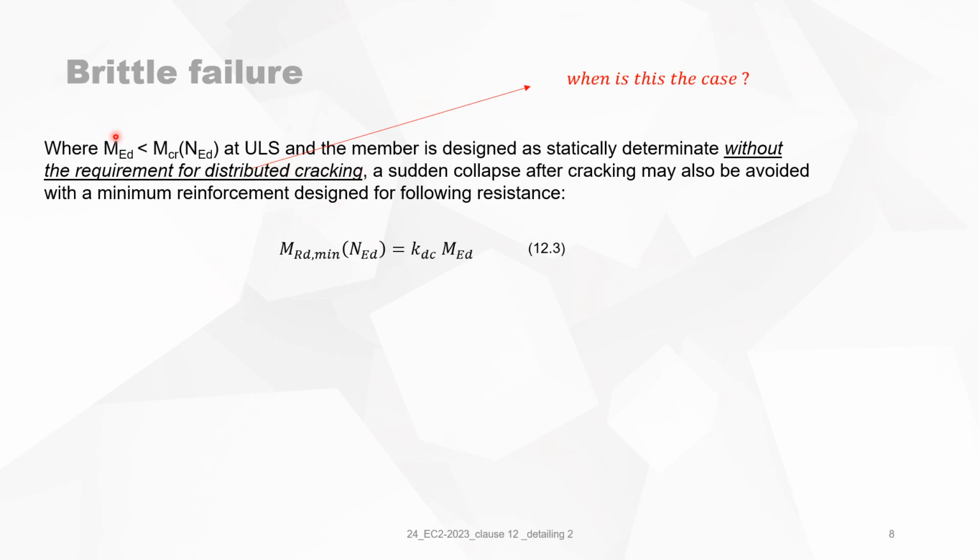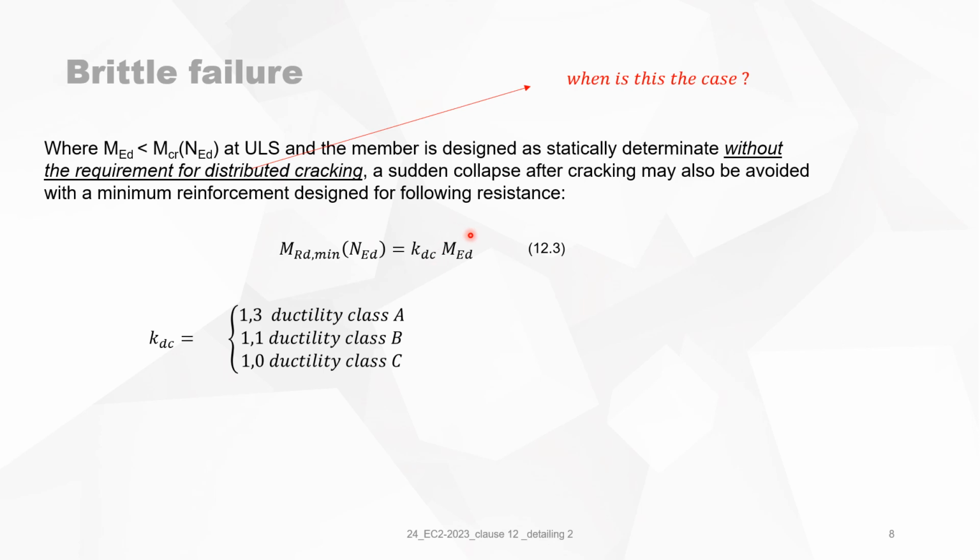Anyway, when the bending moment is smaller than the cracking bending moment, then you can calculate the needed reinforcement for brittle failure with formula 12.3. It means that you have to put the reinforcement in the cross section that fulfills not the cracking bending moment, but the KDC times MED bending moment.